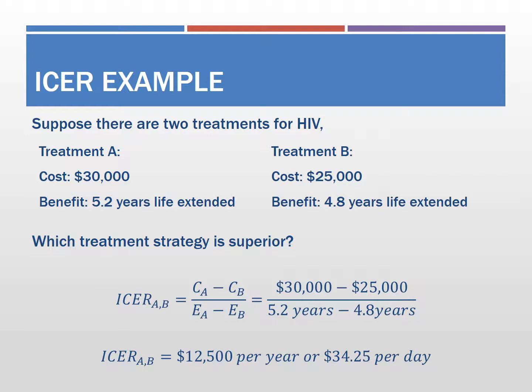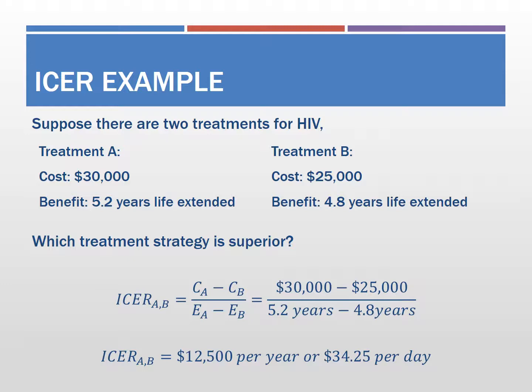What does this number actually mean? Well, this number means that by taking treatment A over treatment B, the patient will have to pay an additional $12,500 per year in order to extend his life by 1 year.